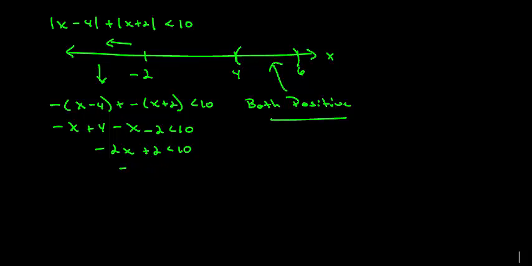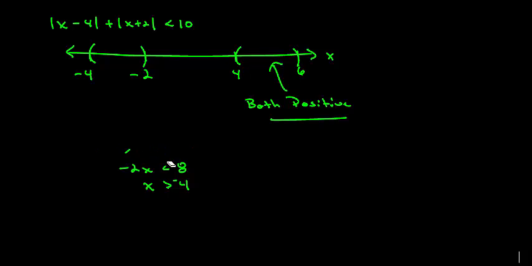So we'll move the 2 over, so negative 2x is less than 8, or x is greater than negative 4. So that's our other endpoint over here. Okay, so anything between negative 4 and 2 will work.